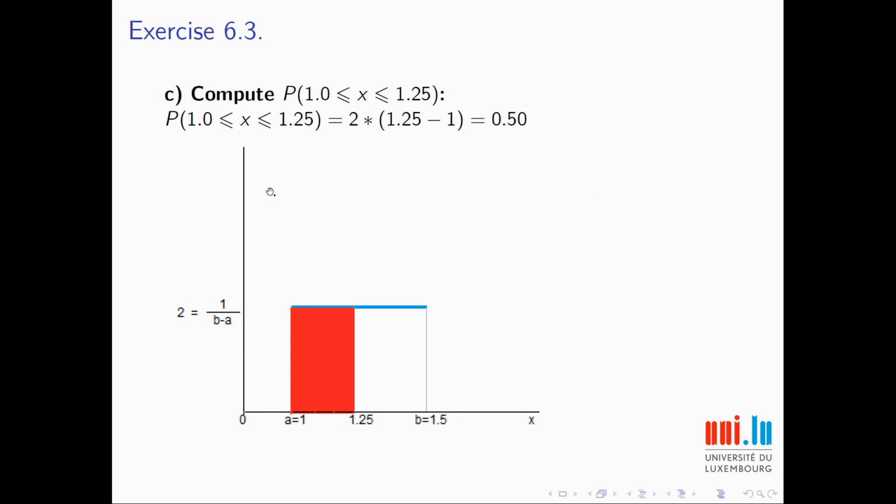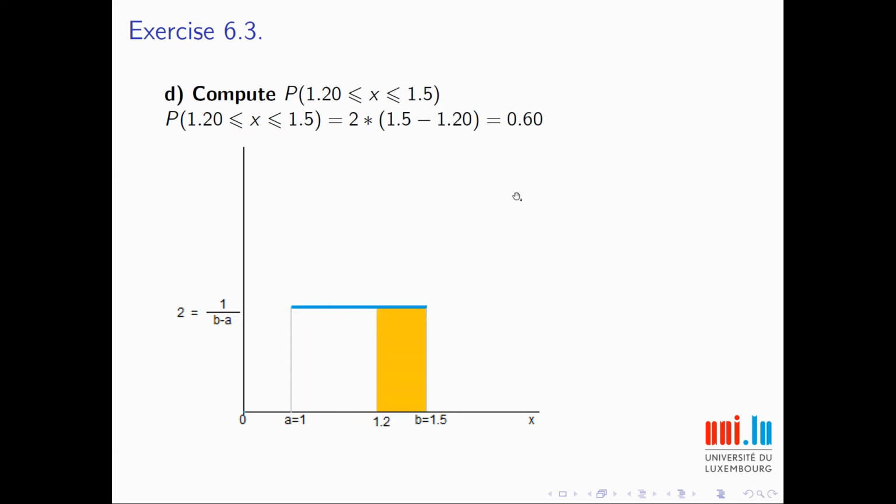For example, going a bit ahead, for normal distribution, of course, it will not be so easy. That's why we will use some special tables. But for uniform distribution, just do it on your own. I don't think it will be a problem. Here is the same task for another interval: whether x lies within 1.2 and 1.5.